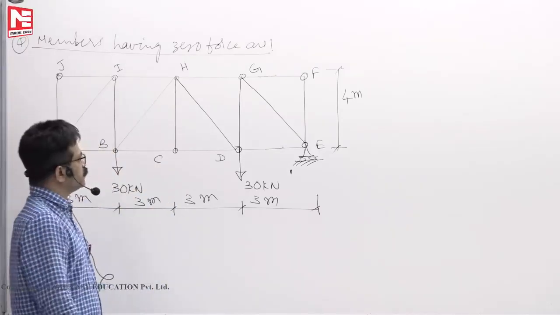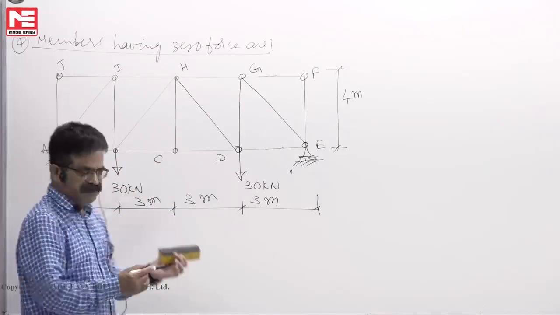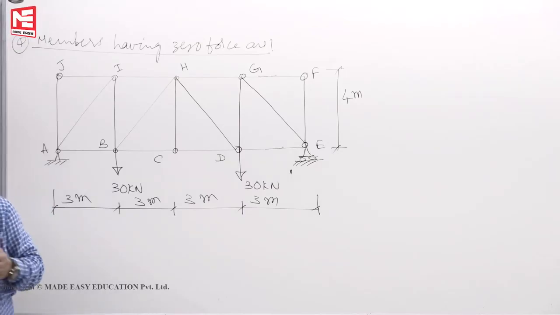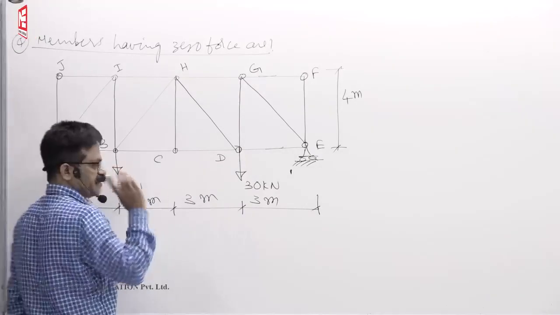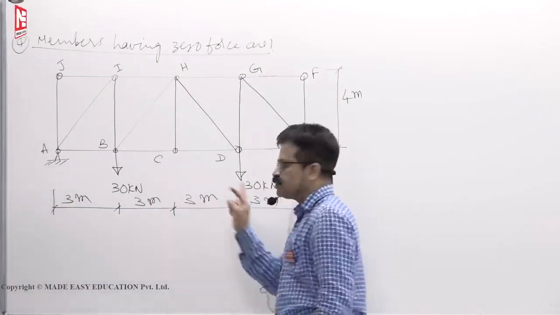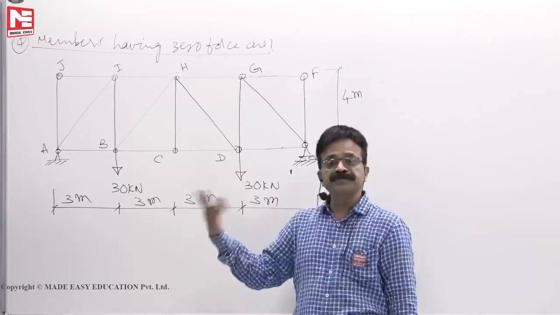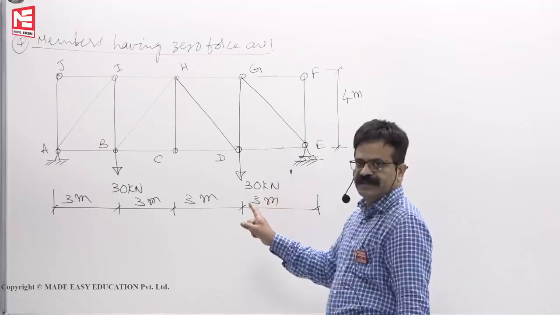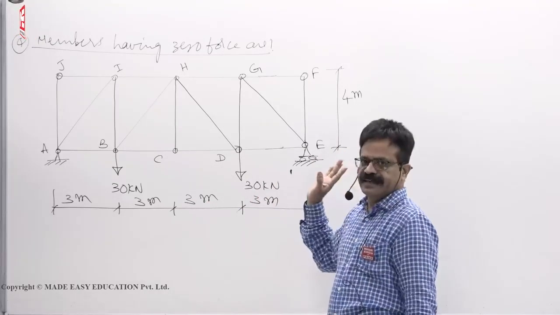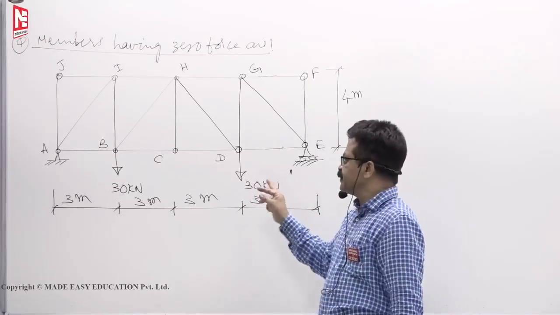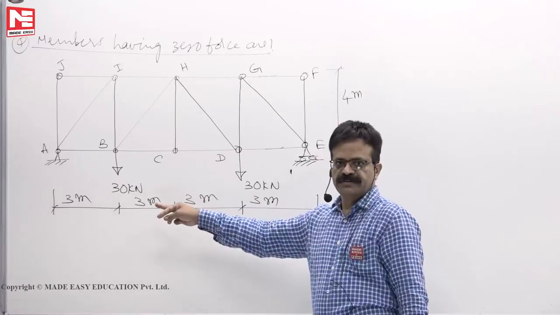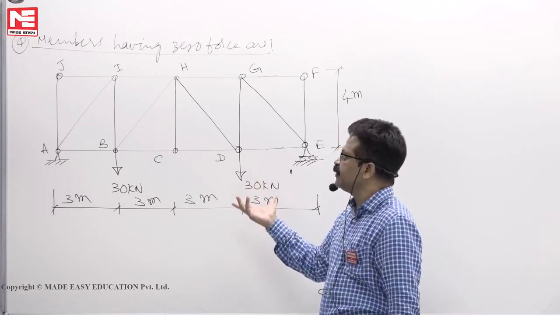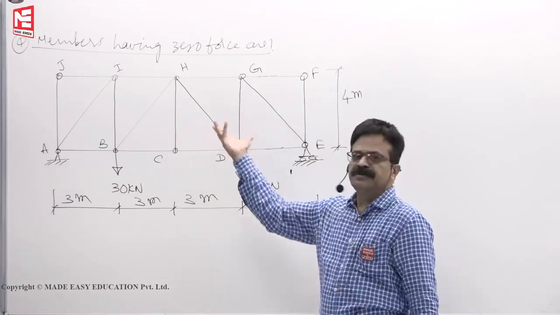Okay. Now, to find members having zero force, observe that in this case the loads are the same. If the loads are different, some of the forces may not be zero. Only in the symmetrical case, when forces are the same, we take this. In one of the civil services exams, they didn't give the loads, so we will not be able to tell which members have zero force.